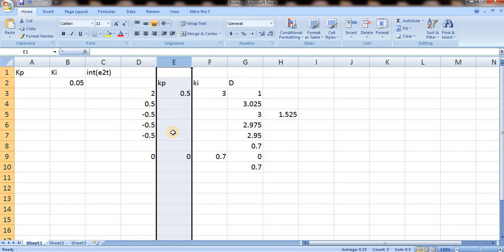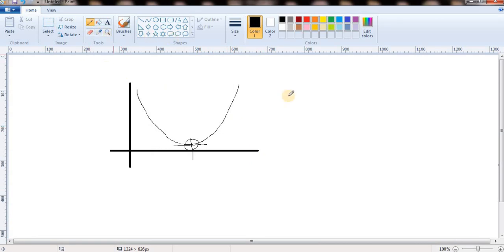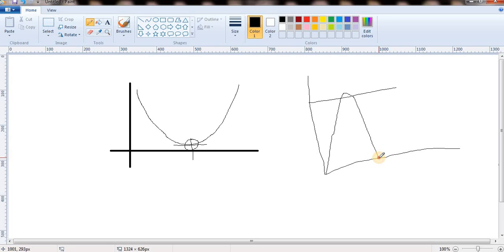With only kp gain, let us assume I require 200 volts. With only kp I can get 200 volts, but again it will come to 0, and again I can get 200, I can get 0, because there is no ki, only kp is there.